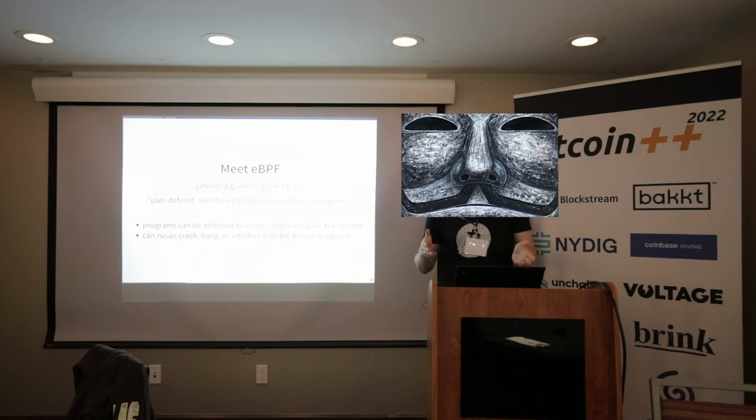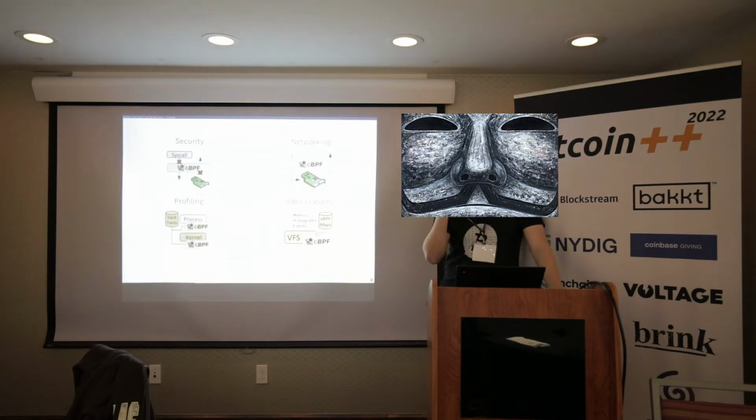So we use the Ebpf virtual machine and can attach a small program in the kernel, in a virtual machine that can't crash, to a trace point. So each time the trace point is called, this small program is executed and does some funny things with it.